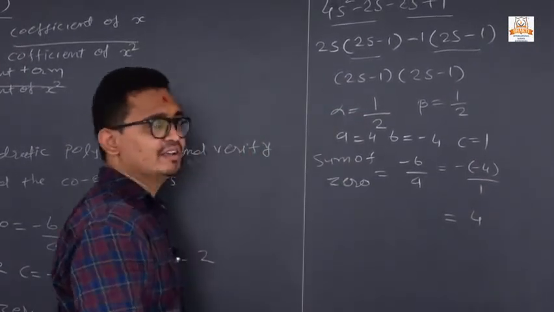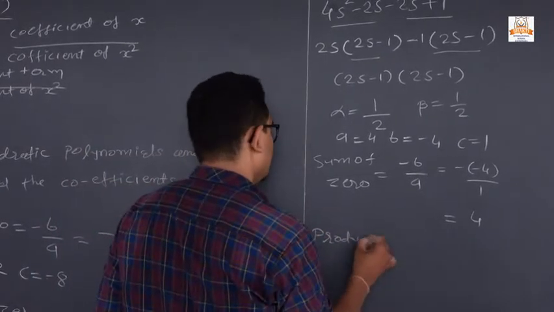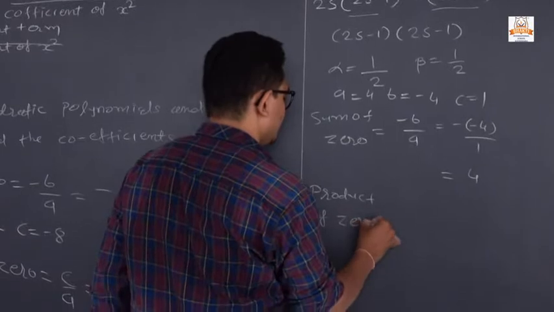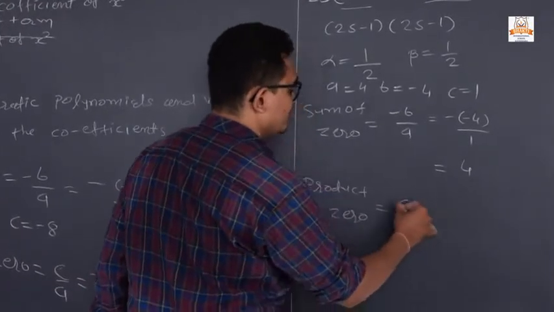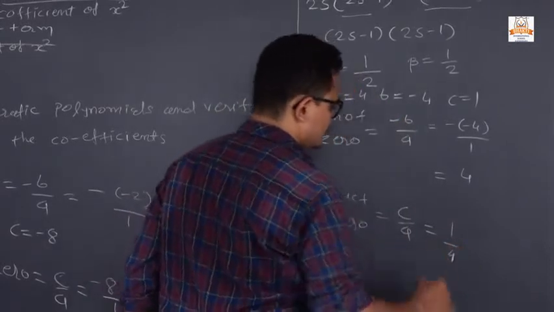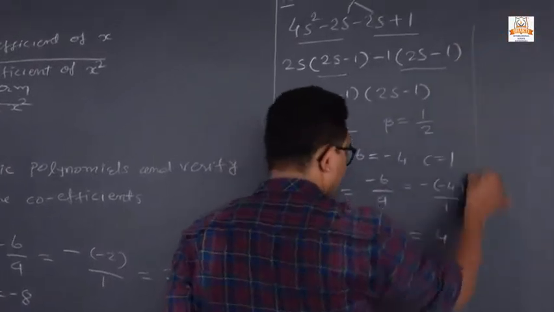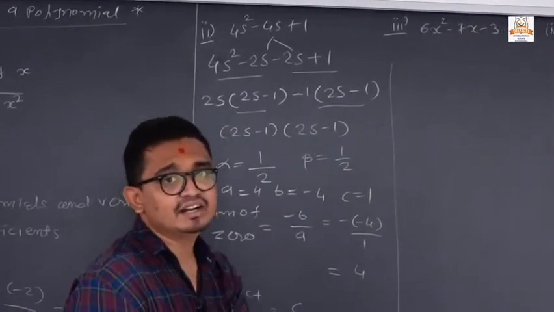So answer will be 4. Now second, product of zeros. So formula is c by a. What is the value of c? 1 upon 4. So answer is 1 by 4. Now similarly, question number 3.